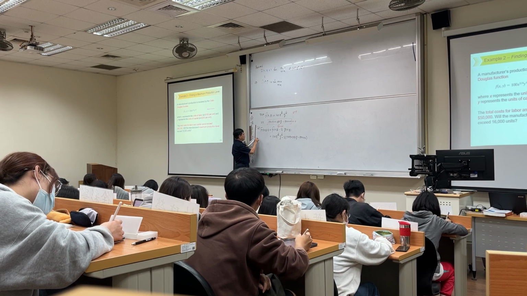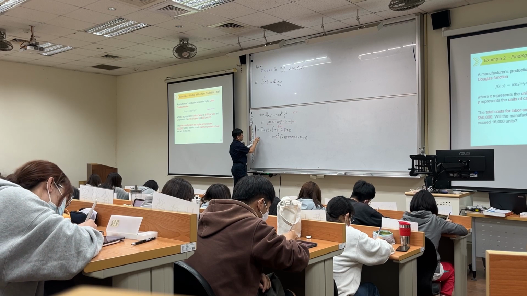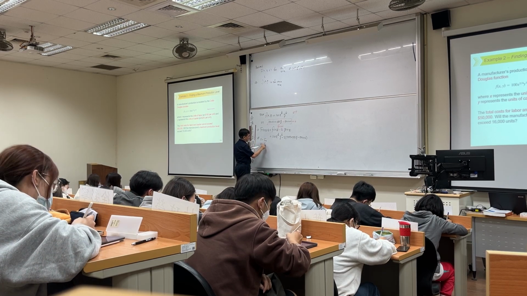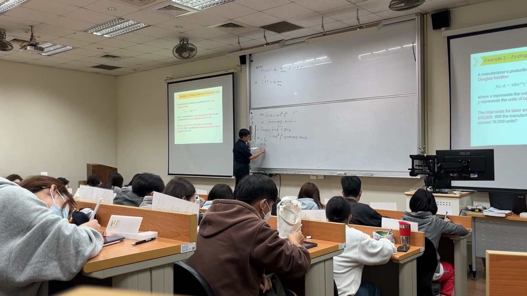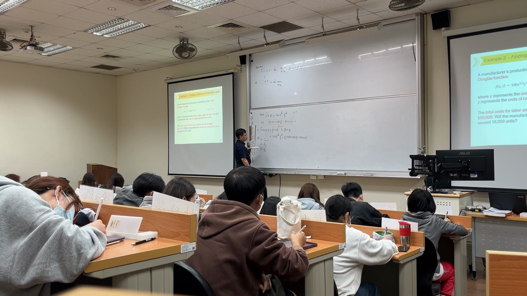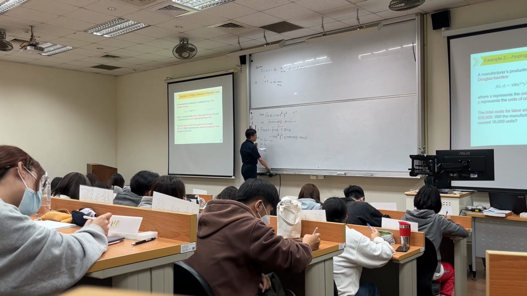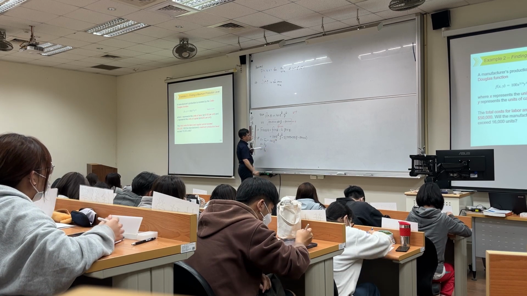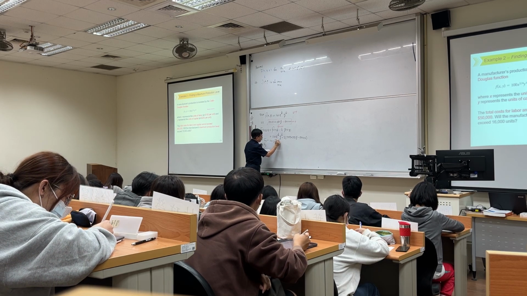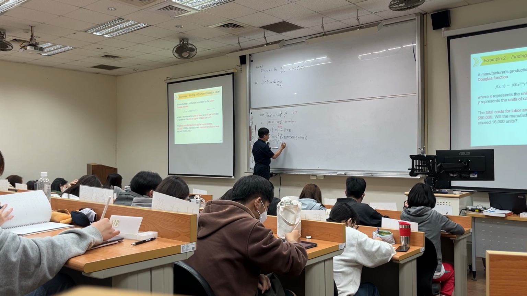So we set 0 equal to F sub x, 0 equal to F sub y, and 0 equal to F sub lambda. The first is 100 times 3/4, which should be 75, x to the minus 1/4 y to the 1/4, minus 150 lambda.